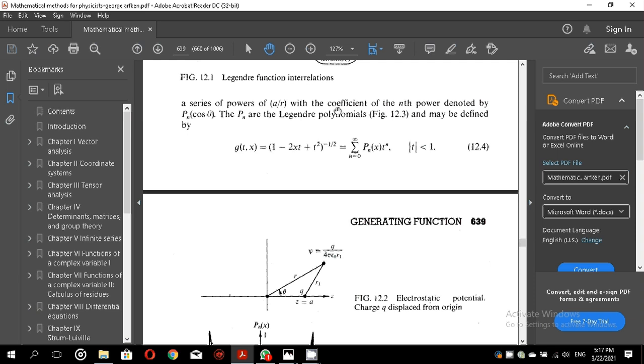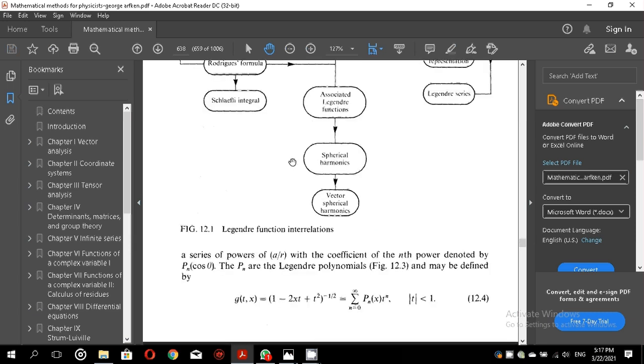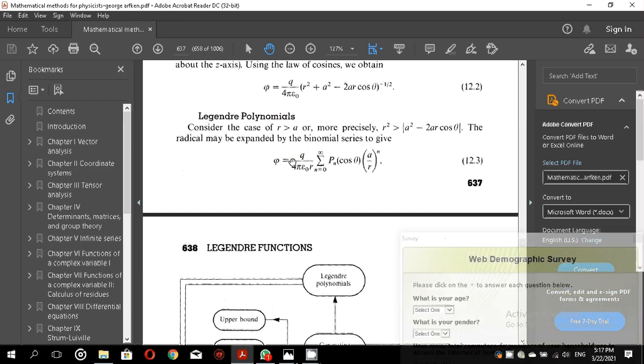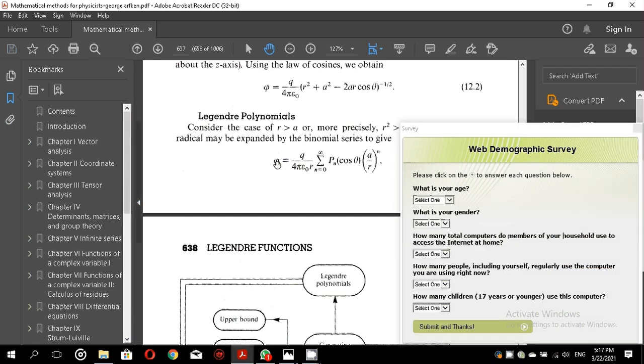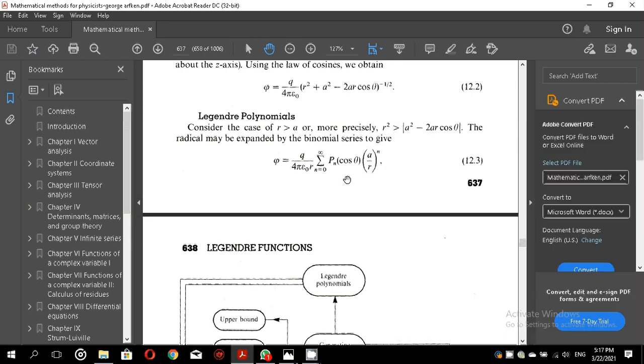Okay, we will apply the generating function given by equation 12.4, which we derived in our previous lecture, to obtain the value of the electrostatic potential, and we will reach this result given by equation 12.3.